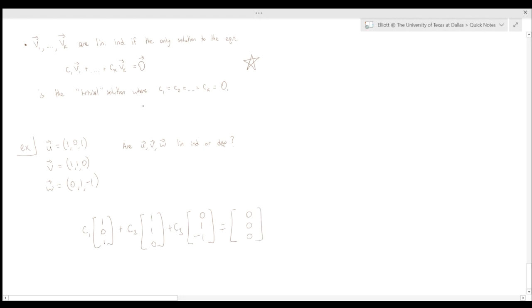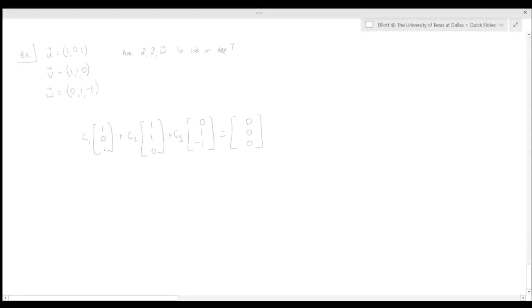I want to solve for C1, C2, and C3 and see whether the only solution is that they're all 0, or whether there are other solutions as well.